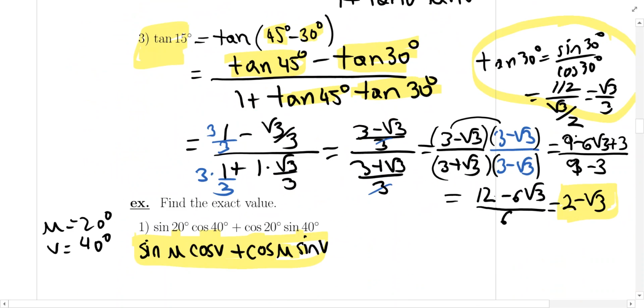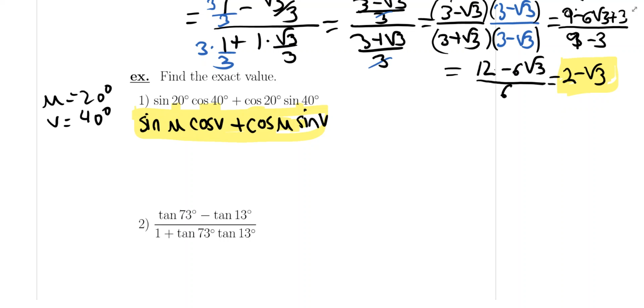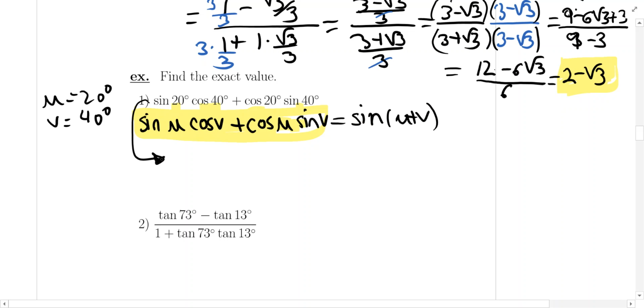So that means that this equals sine of u plus v, which gives me that my initial one equals sine of u is 20 and v is 40. So it equals sine of, well, 20 degrees plus 40 degrees is 60 degrees.